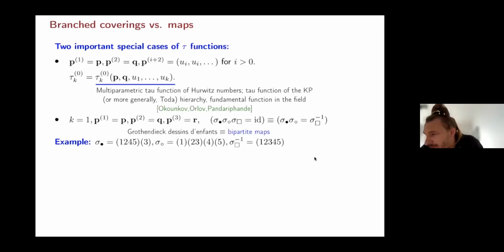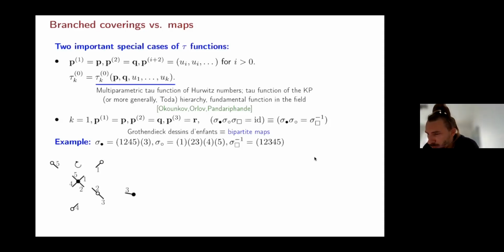So I have these 3 permutations, and I put these little indices: a black dot, a white dot, and a little square. This is because they will play a particular role. You might think that the first permutation with a black dot is telling you something about black vertices in your bipartite map. A white dot is telling you something about white vertices in your bipartite map. And this last permutation with this little square is telling you something about faces of your map.